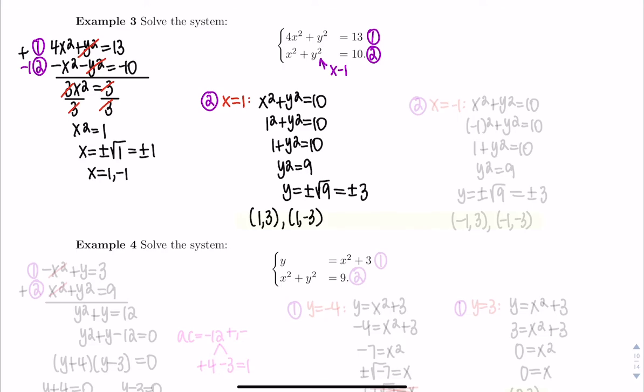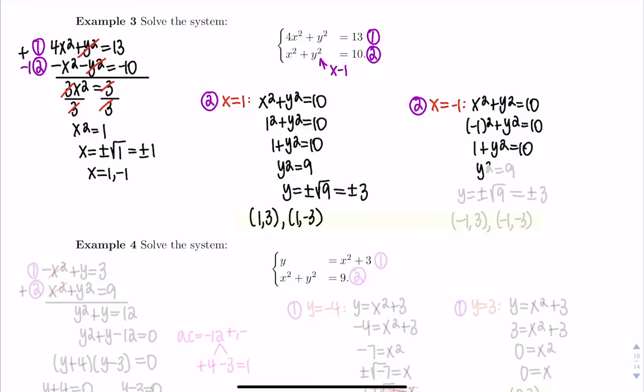And we want to do the same thing for x equals -1. And so we have negative 1 squared plus y squared equals 10. But this is just 1 plus y squared equals 10.